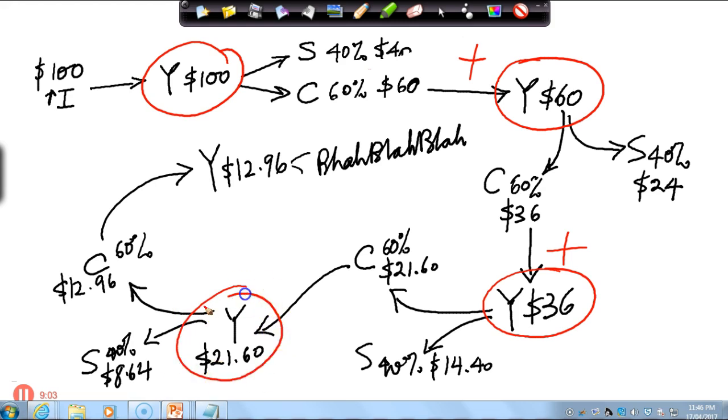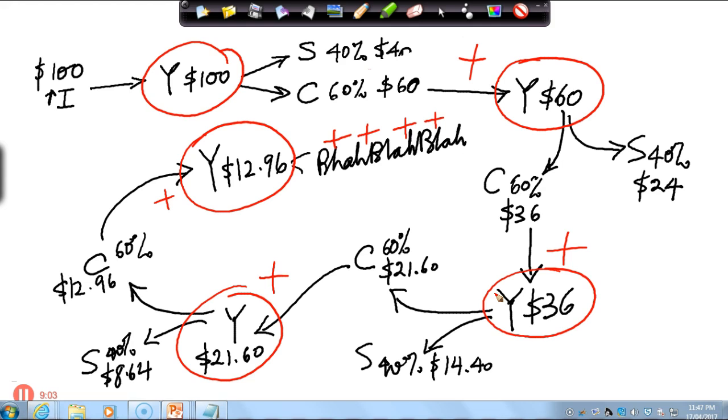And then another $21.60. And to that, another $12.96, and so on. So we can see that this income is being multiplied. It's increasing, but it's increasing at a decreasing rate.